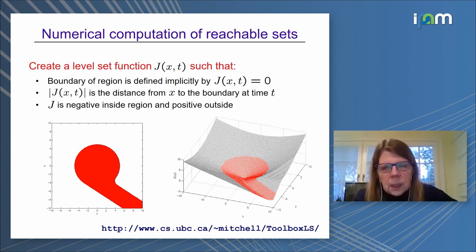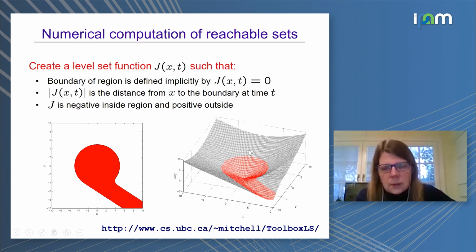A couple of points I wanted to raise: the sub-zero level sets of this function J of x,t, shown in red here, represent the unsafe region. The boundary of the region is defined implicitly by J of x,t equal to 0. And the magnitude of J of x,t at any state x at time t represents the distance.